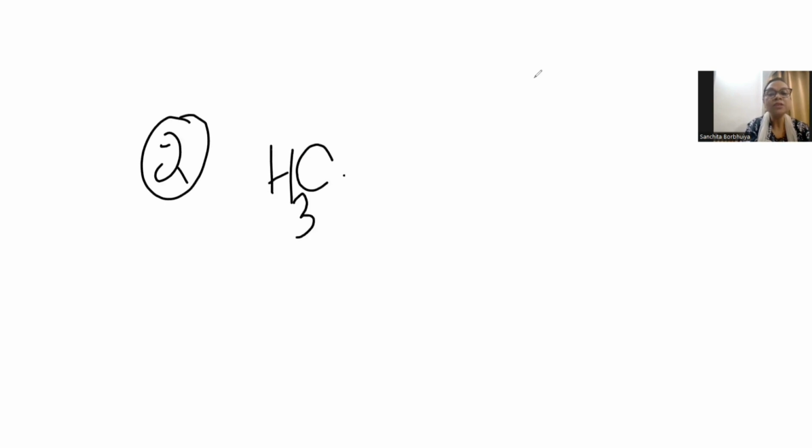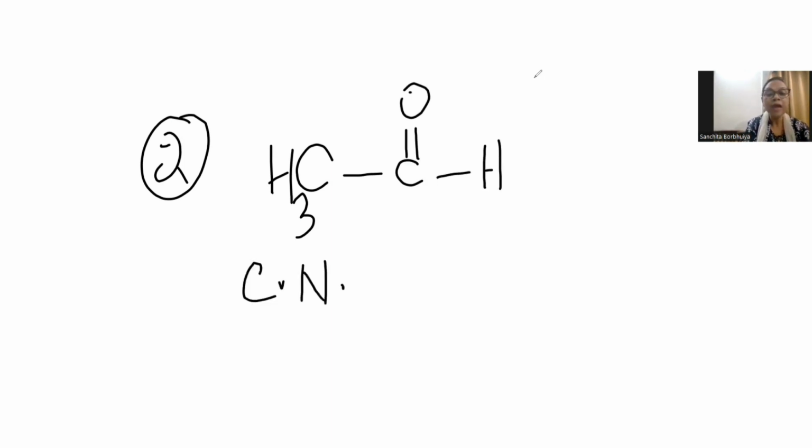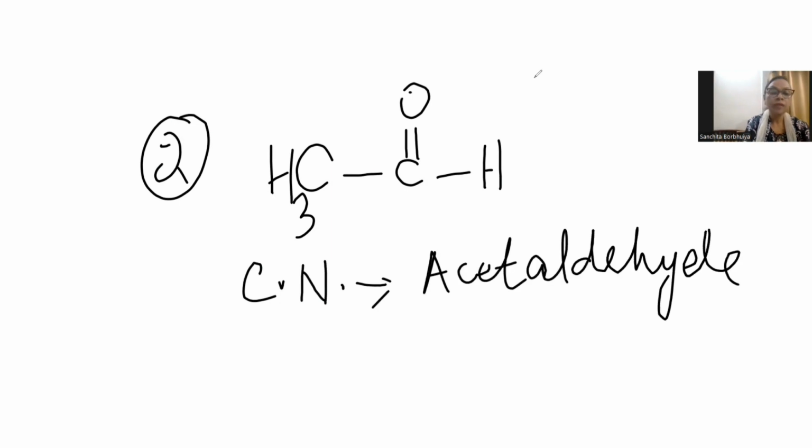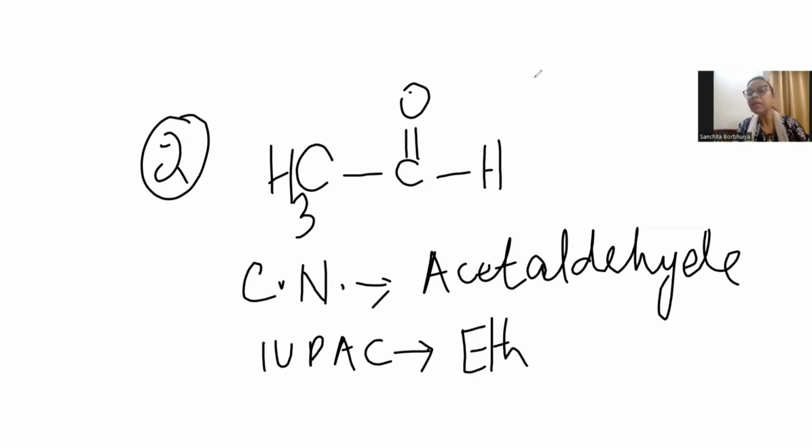So the first member is formaldehyde. The second member has a CH3, C double bond O, H. So the R group has been replaced with the CH3. Its common name is acetaldehyde. And the IUPAC name: it has 2 carbons, so obviously it has to start from the ethane species.